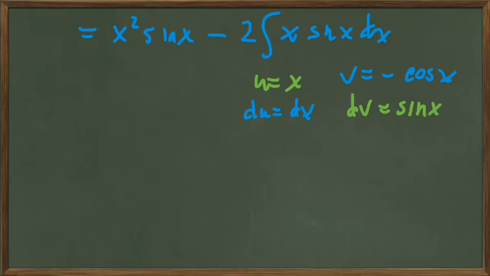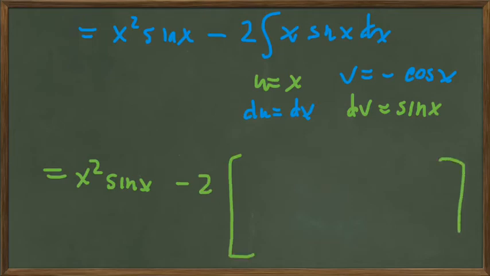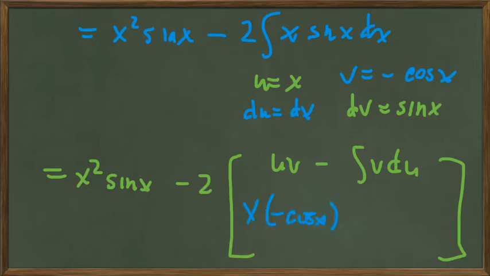and v is minus cosine x. Plug everything into the parts formula, and we already have the x squared sine x minus 2, and then we've got minus 2 with a new uv minus the integral of v du. The v is x times minus cosine x, plus the integral of v du. And then we see that we can resolve everything, right?